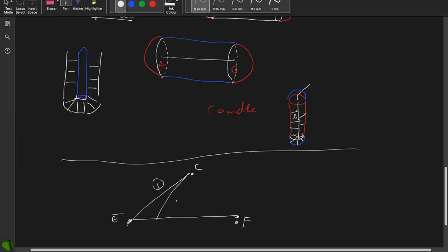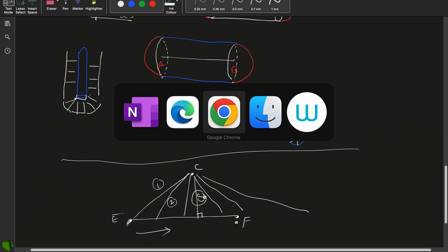This is my second line. Which one is shorter? The second one. It keeps getting shorter as I move towards F. And this is the point where it is shortest, and it then again becomes longer when I move away from E. So the shortest distance is always the perpendicular distance.